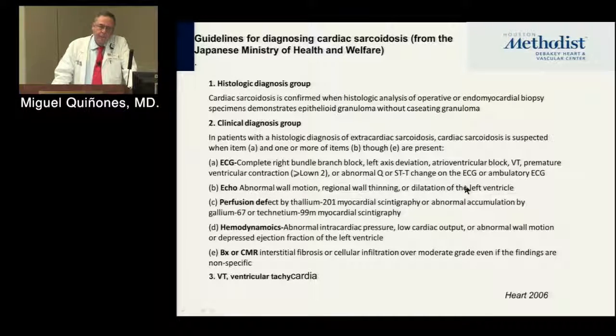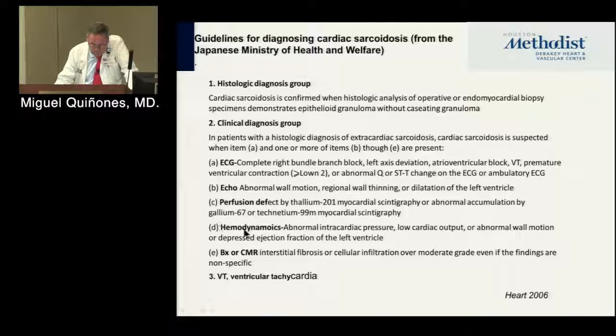So in a way, EKG can be a decent screener. Then with echo, either abnormal wall motion, some EF changes, regional thinning, dilation of the left ventricle. So again, kind of non-specific findings, but in the presence of known sarcoid, you should suspect cardiac involvement. And they get perfusion defects, non-CAD perfusion defects.